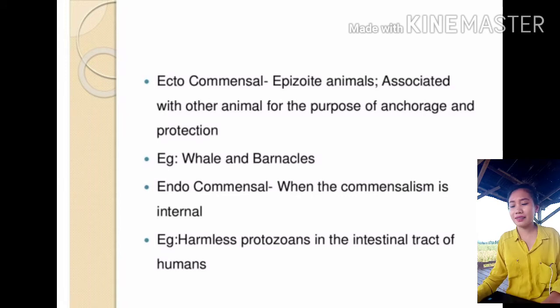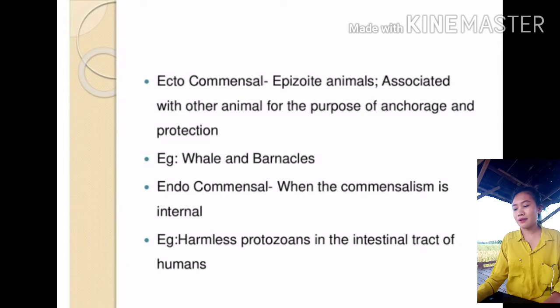Example, the whales and the barnacles. Between the whales and barnacles, the host is the whale because it is bigger, and the commensal is the barnacles. Then we have also the endocommensal.